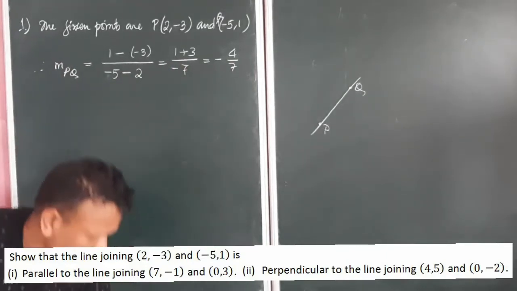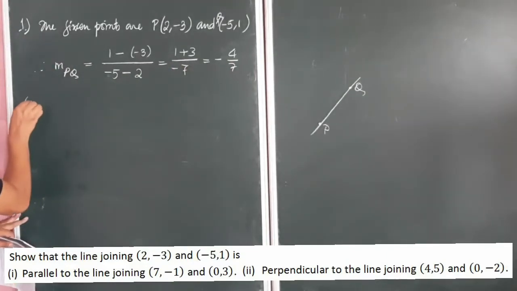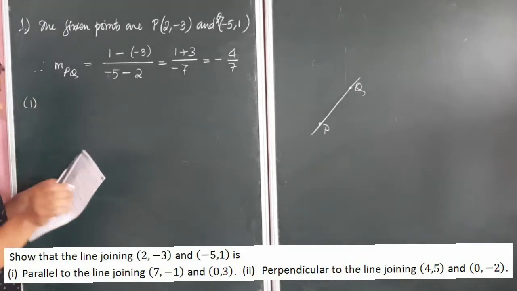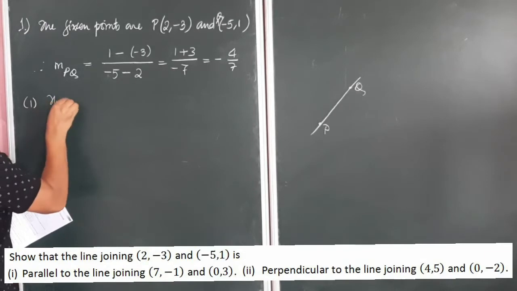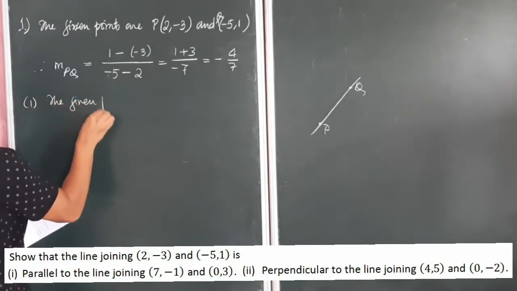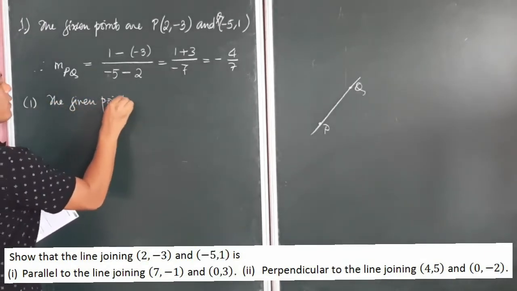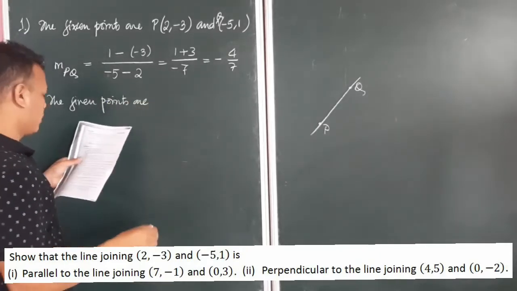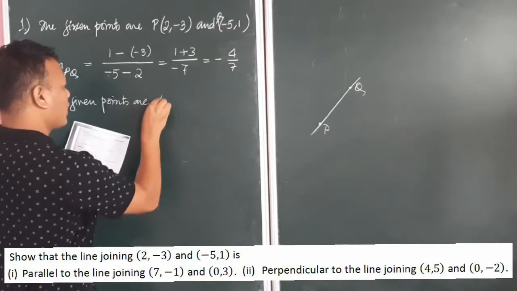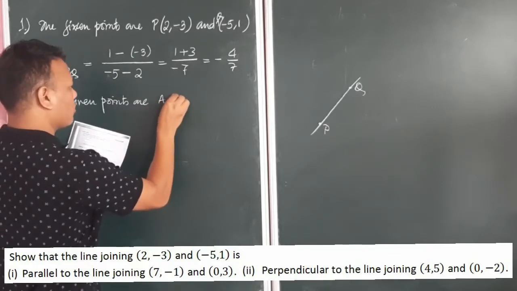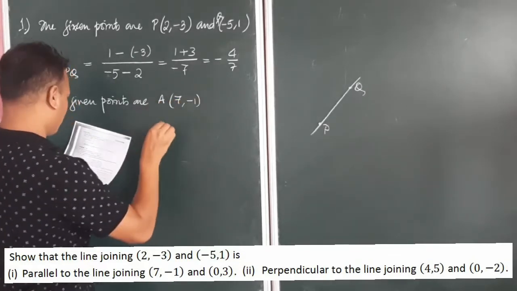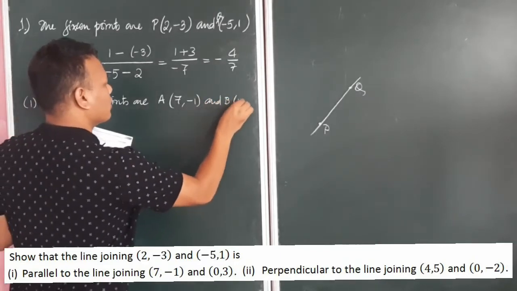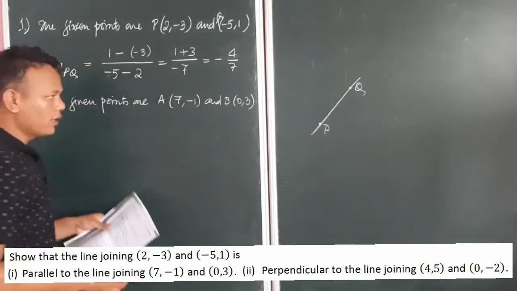Now in sub-question number 1, we have been given two points. The given points are, let me write them as A and B. A is (7, -1) and B is (0, 3).